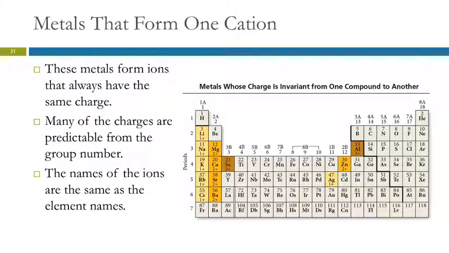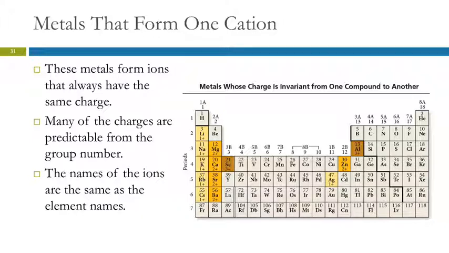So these are the metals that always have the same charge. And so we see there's group 1A, group 2A, group 3A, and don't worry that the rest of these aren't highlighted here. We rarely use gallium, indium, or thallium. So if we do, just say it's +3 and you'll be fine. And then there's zinc and silver. I'm going to ignore scandium.